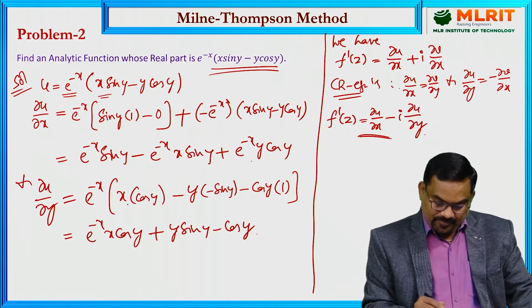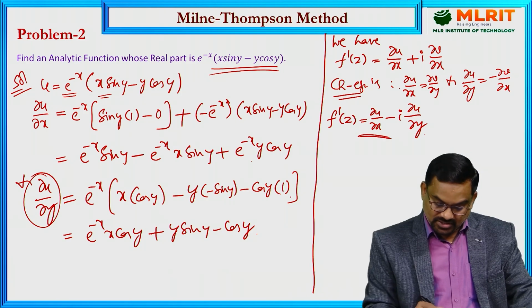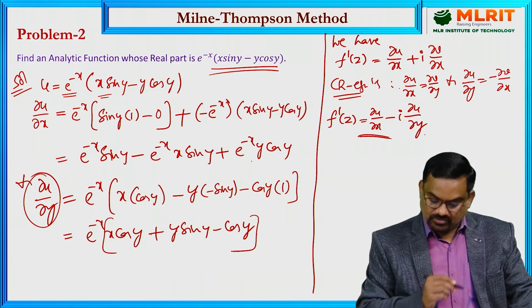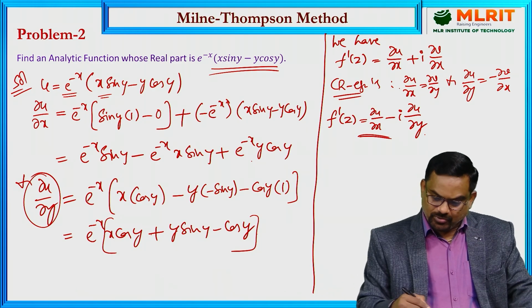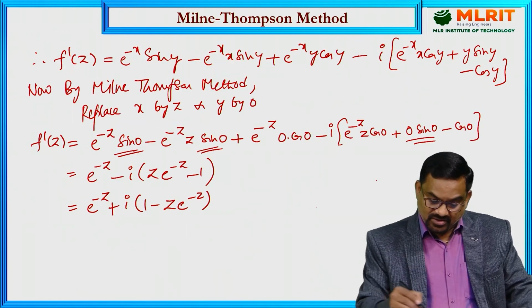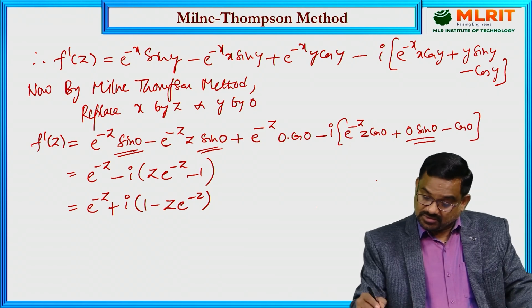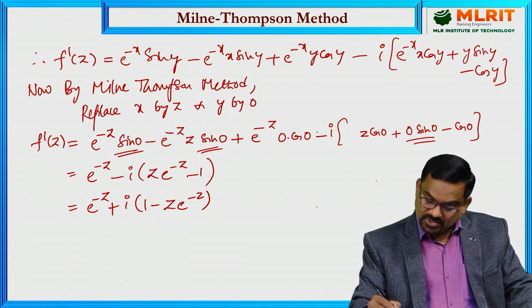So, here in this ∂u/∂y, e power minus x is common for all these. So, here we have brackets. Now, by substituting this in f dash z, this must be outside this e power minus z.